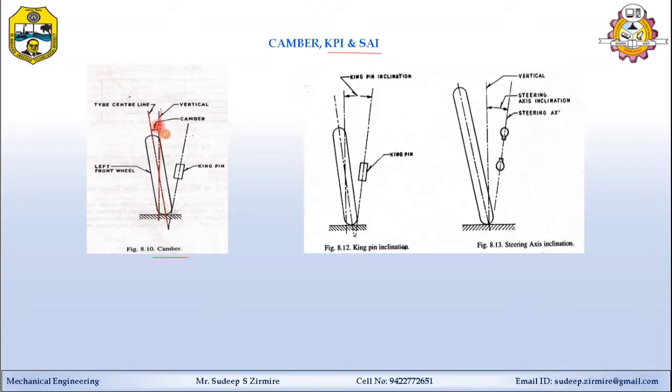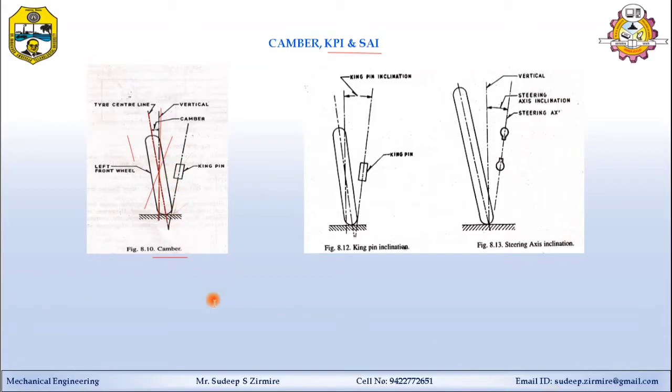It is positive when tilted outward. Here you can see the tilt is on the outward side. It is negative when the tilt is inward. For example, if the tire position is like this, in that case it is negative. Camber should generally not exceed more than 2 degrees. That is the standard value.